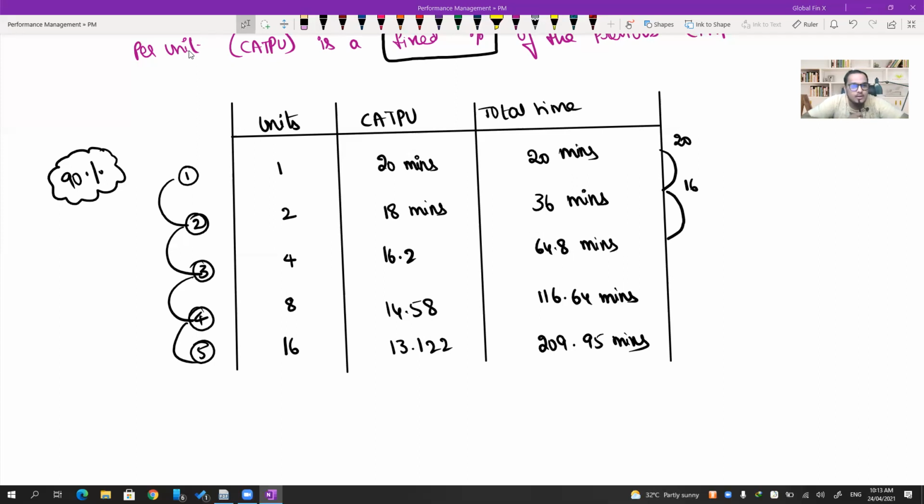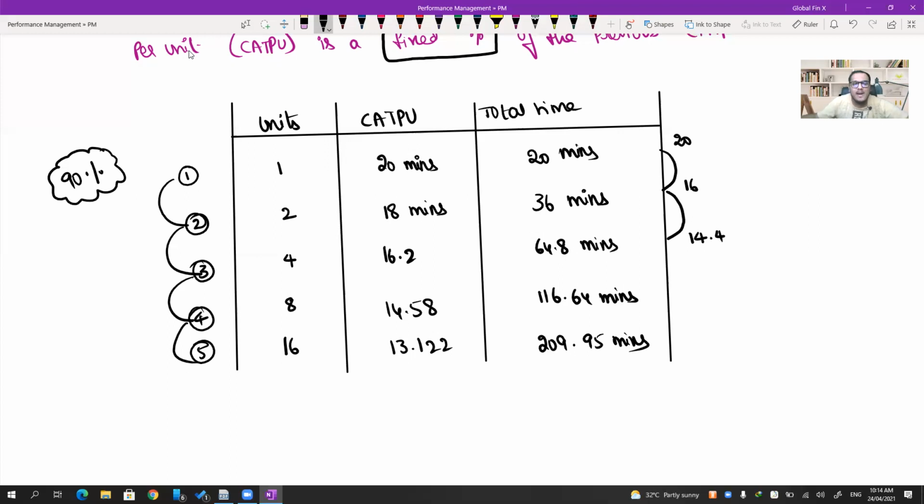That's what I'm asking. 14.4. How did you get that? Let's calculate. 64.8 is the total time for 4 units minus total time for 2 units, 36. That means units 3 and 4 together took 28.8, divided by 2 units, that is 14.4. Very good. Both of you got the right answer.